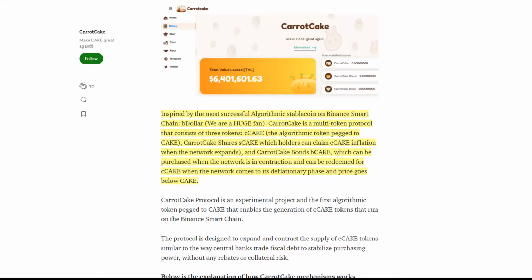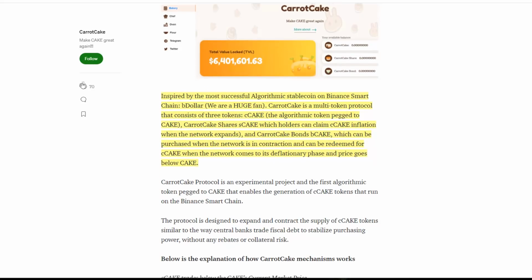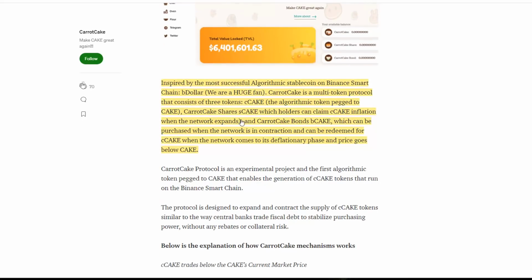We are a huge fan. CarrotCake is a multi-million-dollar token protocol that consists of 3 tokens. As I mentioned before, cake or CarrotCake. Then there is CarrotCake Shares, and then there's the CarrotCake bCAKE, which is the bonds.